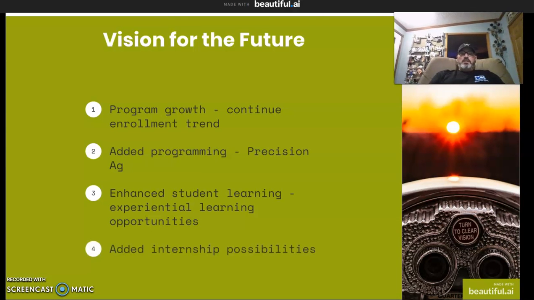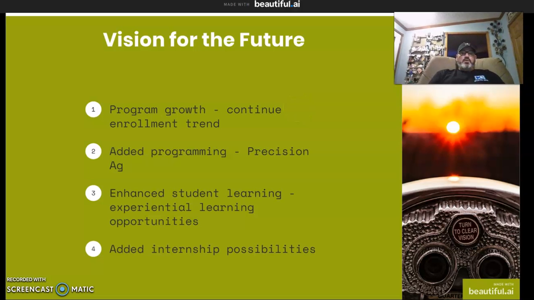So how does this look going towards the future? Number one is, as I mentioned, program growth. We would like to continue that enrollment trend. As you can see, it's been an upward trend for quite some time. We feel like that can continue.